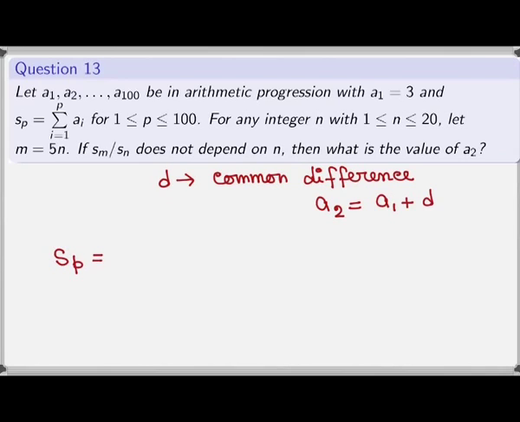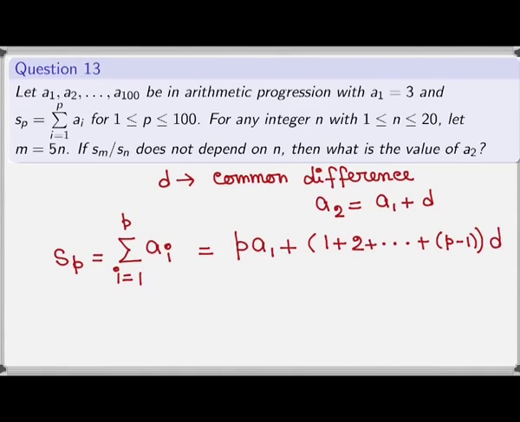We have SP is equal to sum over i running from 1 to P of Ai. So this is equal to P into A1 plus 1 plus 2 plus so on and so forth up to P minus 1, into D. We know that A1 is equal to 3.